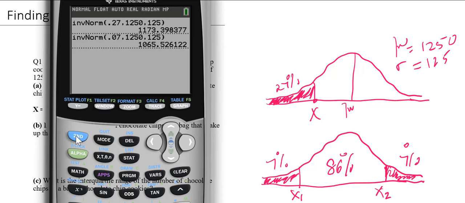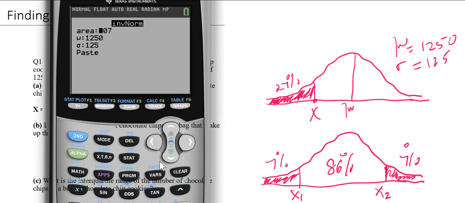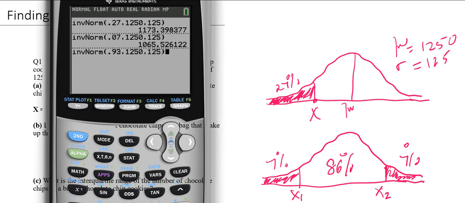For x2, guys, press second variables, inverse norm, and not 0.07 this time, it's 0.93. Why 0.93? 100% minus 7% is 93. And you're going to get an answer which is above the mean, definitely, because that's more than 50%.